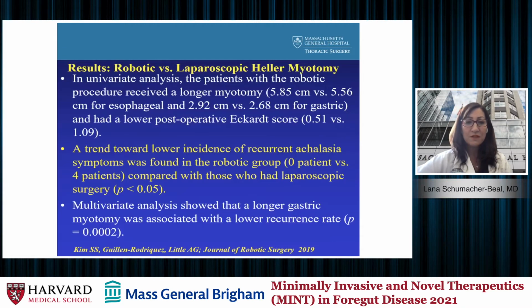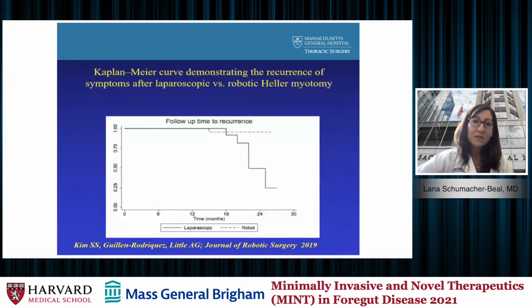In the multivariate analysis, it also showed that a longer gastric myotomy was associated with the lower recurrence rate seen in the robotic group. And this is to show the follow-up time and time to recurrence, if you looked at the laparoscopic group versus the robotic Heller myotomy group.